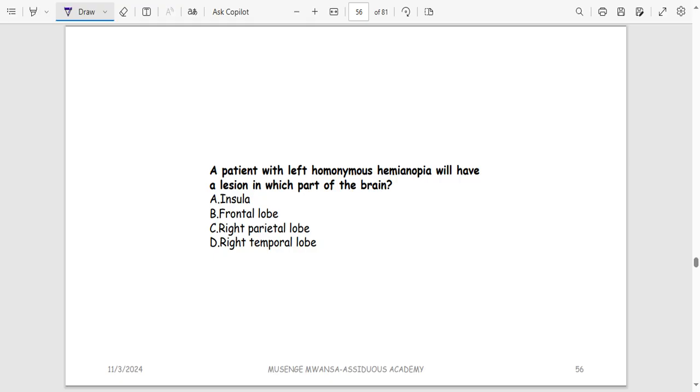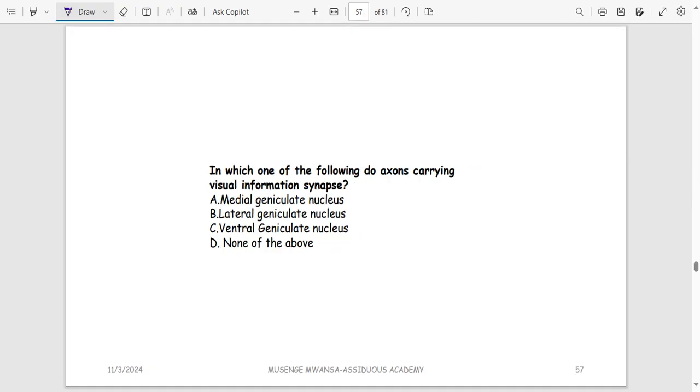Anyone that knows in which lobe? The temporal lobe. Mm, so meaning the answer is going to be this one, isn't it? The right temporal. Okay, so that is going to be that.